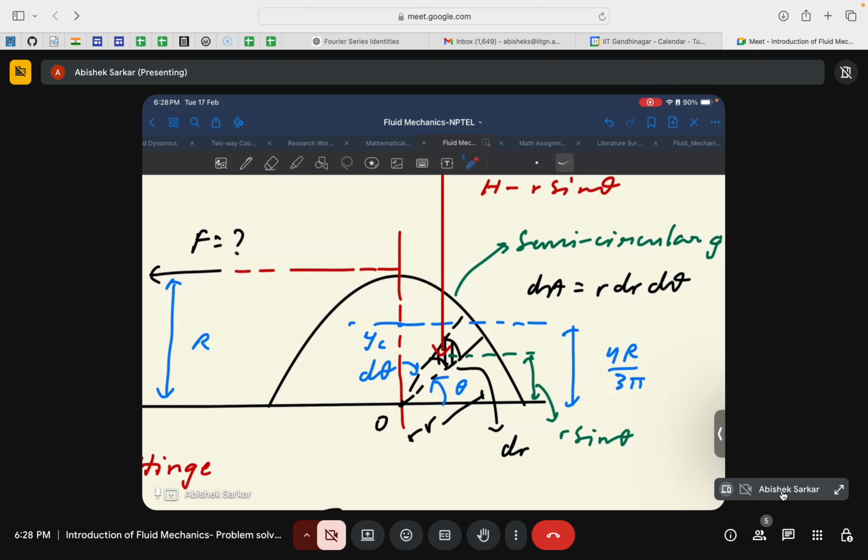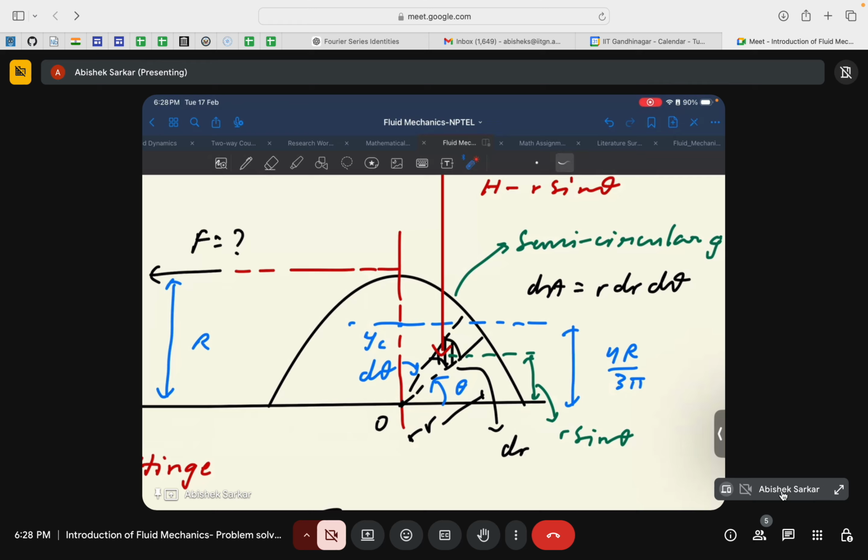So approximately, if this area is very very small, then you can find the area to be length into breadth. Of course these are curved surfaces, you might question that, but for very very small elemental area, you can approximate these curves to be straight lines. It's a very good approximation for very small distances.